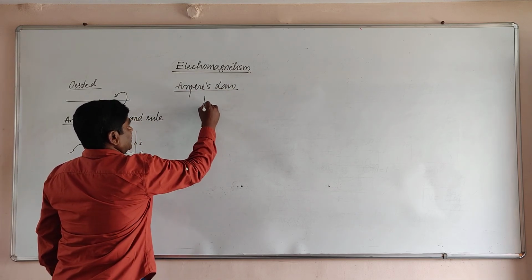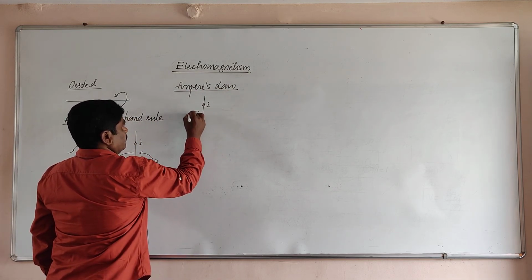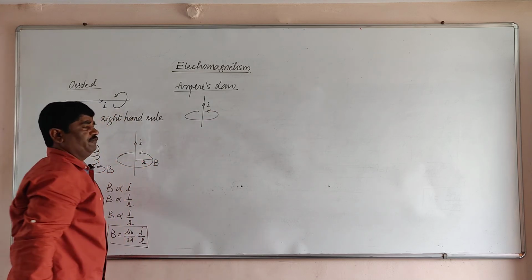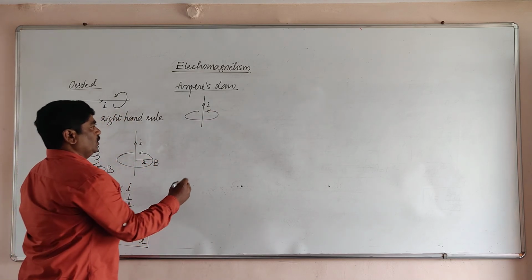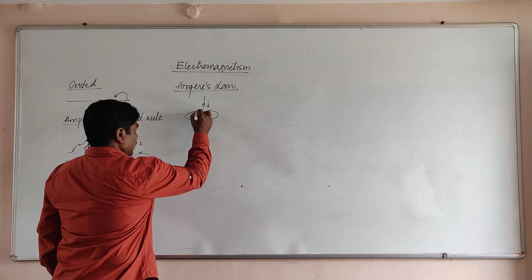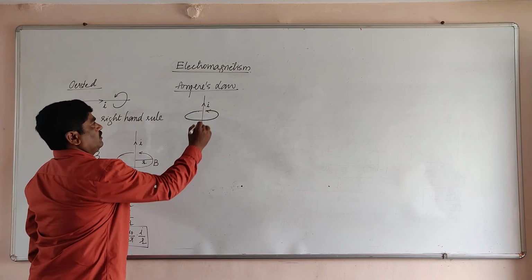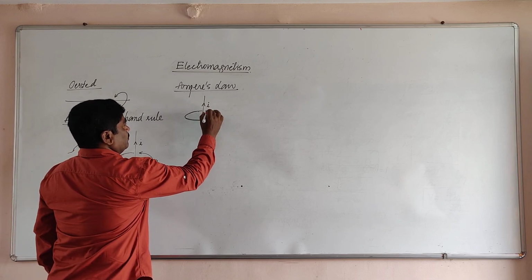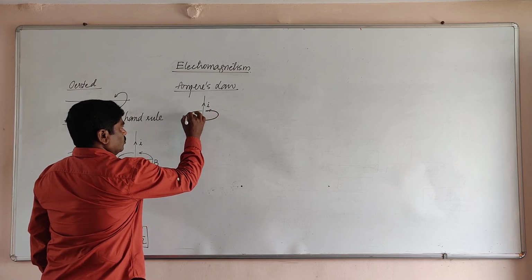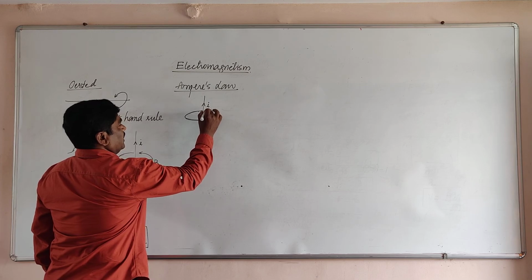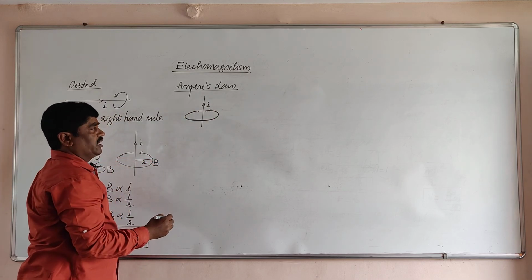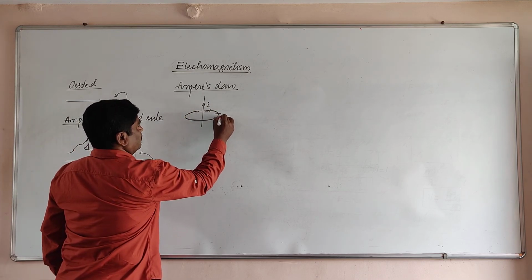Whenever a straight current carrying conductor forms the magnetic field around that conductor, in a circular field the magnetic field is forming. So anywhere around the conductor you can choose a small element dl.